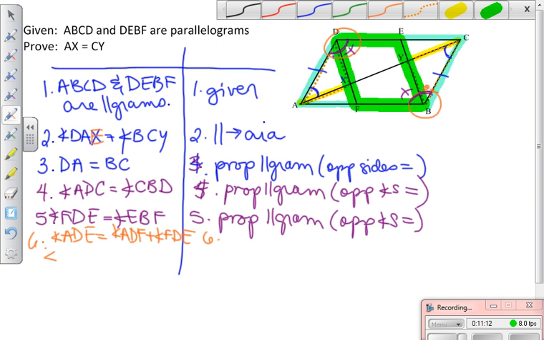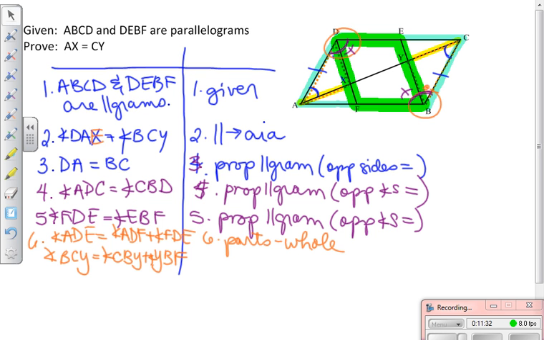And I know that angle BCY is equal to angle CBY plus angle YBF. And those are all by parts to whole. So I know that the big angles are equal.